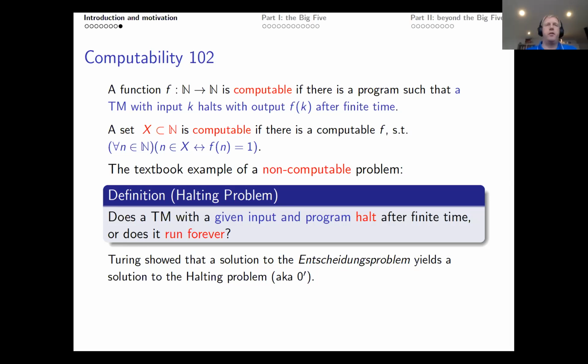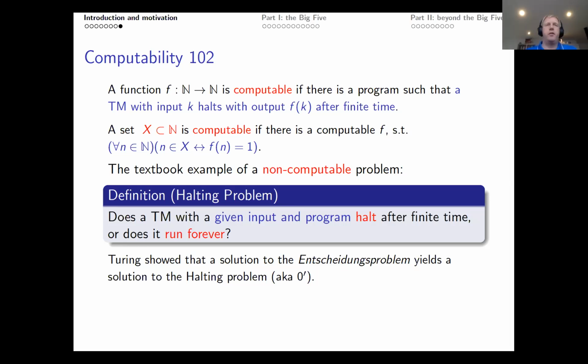And this is where reverse math gets started. So what's important is that we look at theorems from ordinary math. It's interesting to play around with computability, but how computable and non-computable are theorems of ordinary math? And this is essentially what we measure in reverse math, how non-computable a given theorem is.